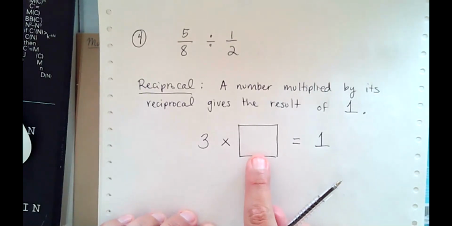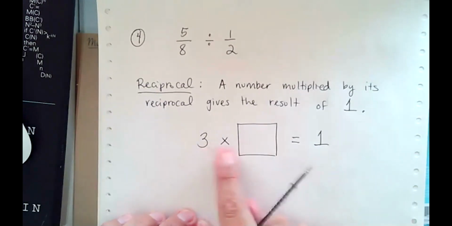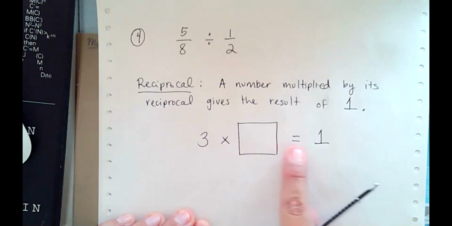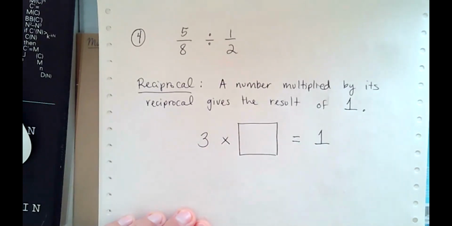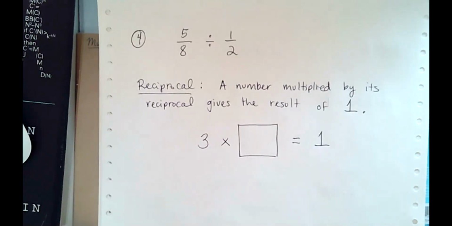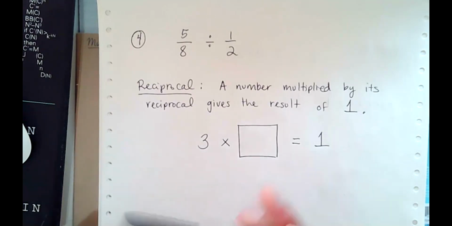We need to figure out what this number is, because 3 has a reciprocal, and if we multiply 3 by its reciprocal, we'll get back to 1. Does anybody have any guesses? Is it -3? Well, 1/3. Somebody said it. So we have some ideas here, right? These are our candidates.